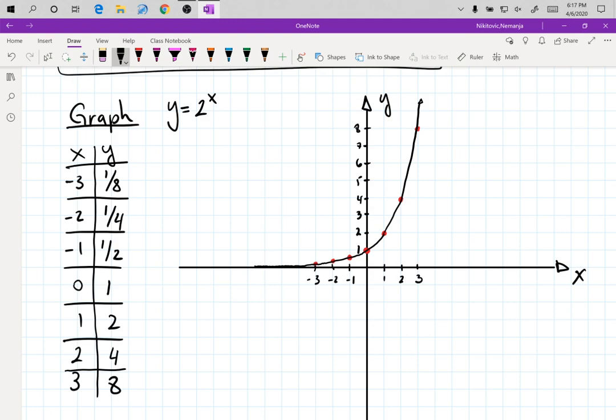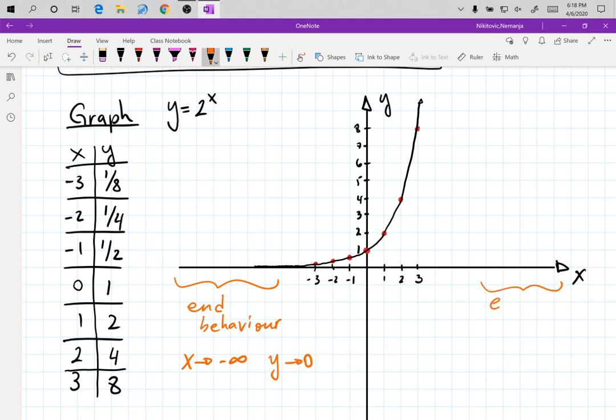What we see is that the end behavior is as x goes to -infinity, y goes to 0.